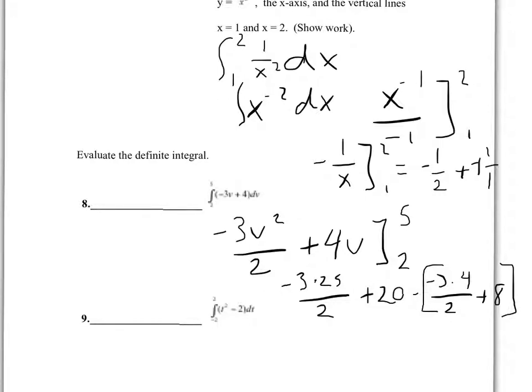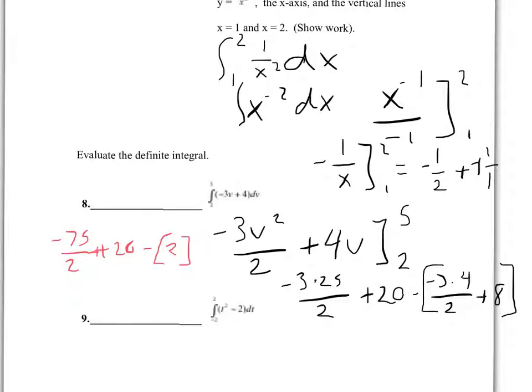Alright, so let's see. It looks like here I've got -75 halves plus 20 minus, let's see, -3 times 4 is -12, so that's -6 plus 8, so that'd be +2.